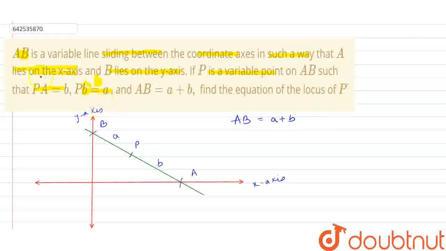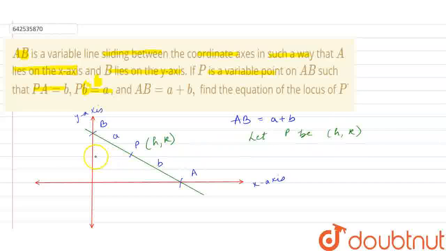So first of all, let's take coordinates of P as h comma k. Let P be h comma k. So that means x coordinate of P will be h and y coordinate of P will be k.